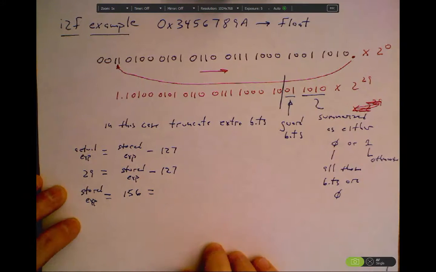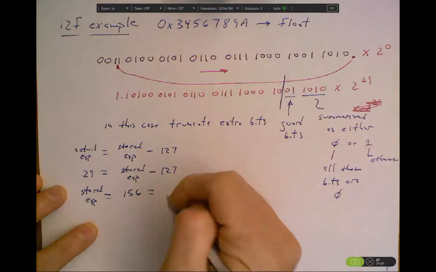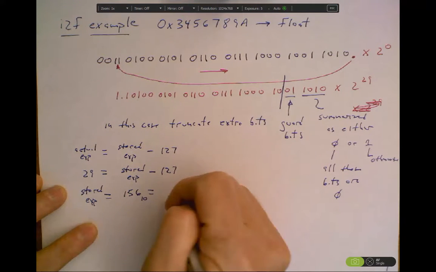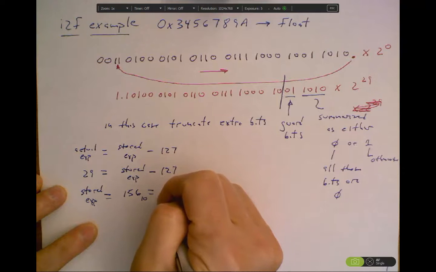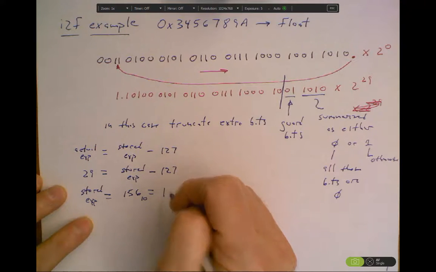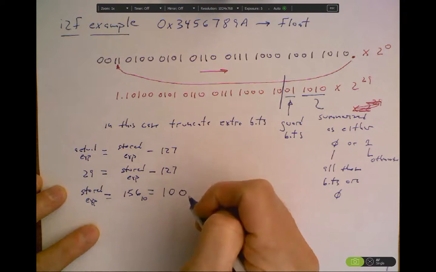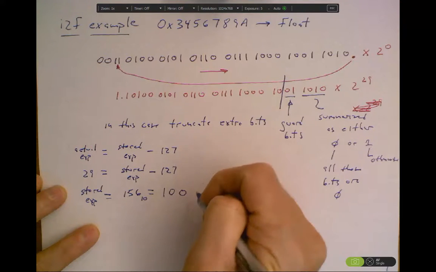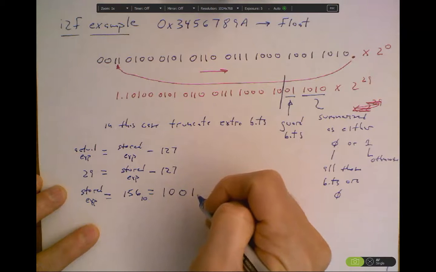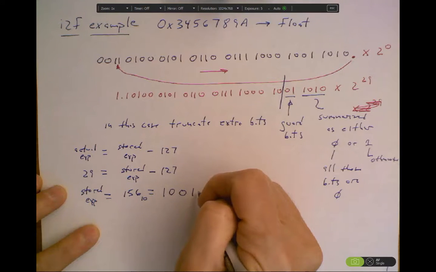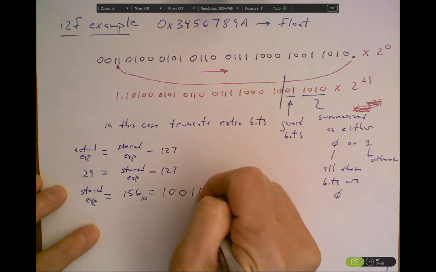Okay. What's 156? That's again base 10. We need to get that into binary, so it's 128 plus 28, so no 64, no 32, but I do have a 16, I do have an 8.